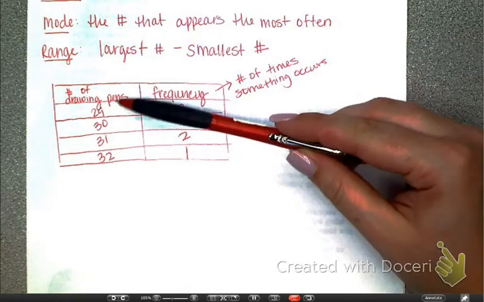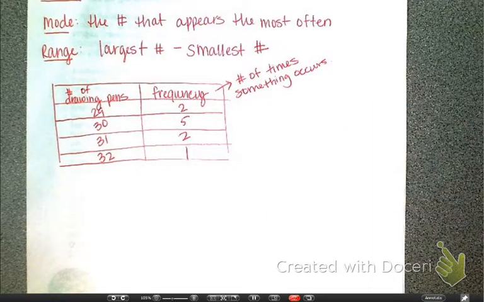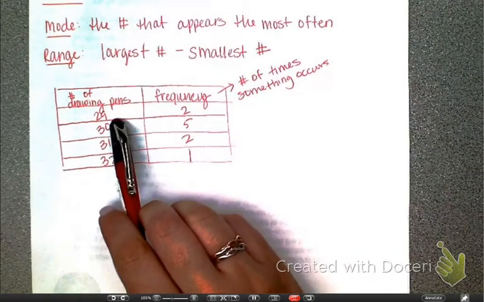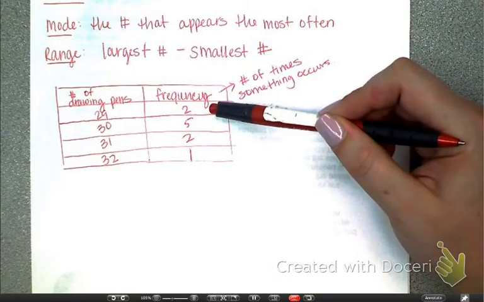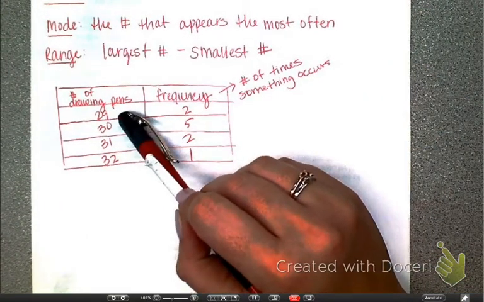So this first column talks about the number of pens that we're going to get in a box. So we're going to get 29 pens in a box. And that happens 2 times. So we have 2 boxes with 29 pens.